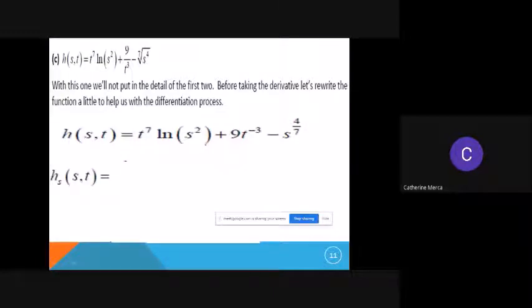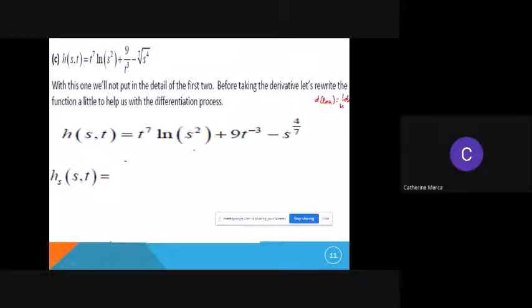So with respect to s first. With respect to s, we know directly that this is 0. How about the ln? Do you remember again what is the derivative of ln of u? The derivative of ln of u equals 1 over u du. Remember that? I hope you remember.